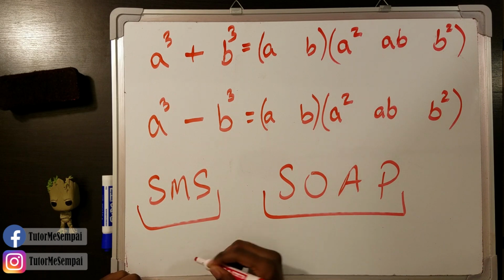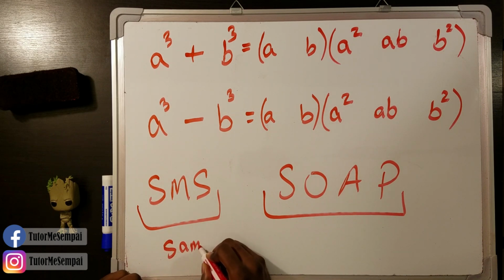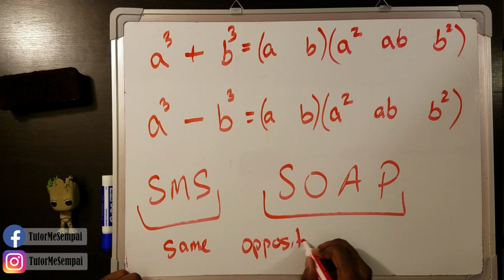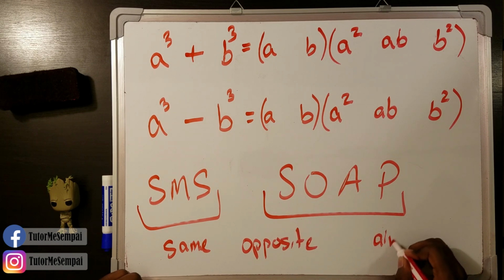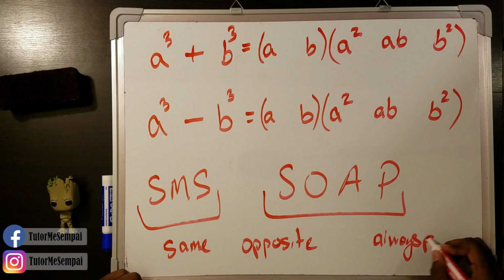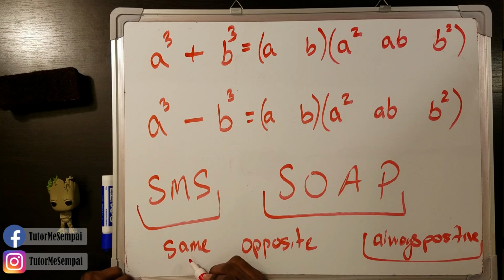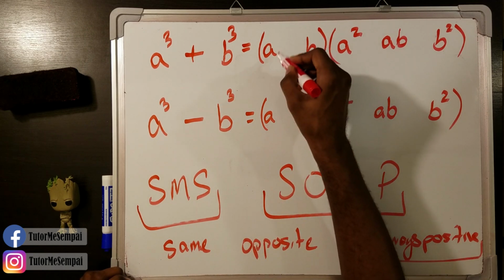Well, SOAP stands for same, opposite, and always positive. Now I write always positive together, whereas I separated these because this is going to be together, and you'll see what I mean by that. So same, that lets us know what sign goes here.